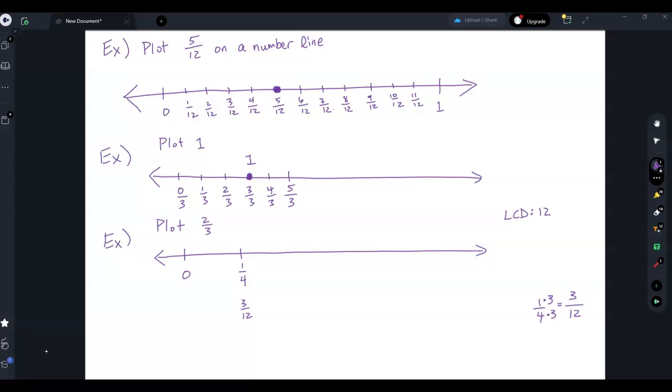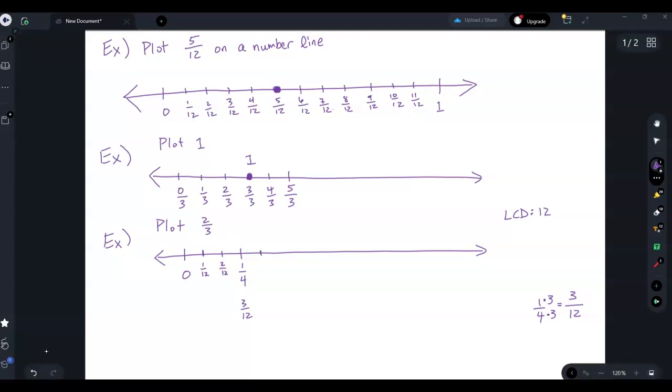But if that's 3/12, then that means I'm missing marks for 1/12 and 2/12. So this would be 1/12, 2/12, 3/12. And then now that I know what my spacing is here and that spacing looks good, I would just continue with that spacing. So however big I made this, I'm going to continue making tick marks that size, right?